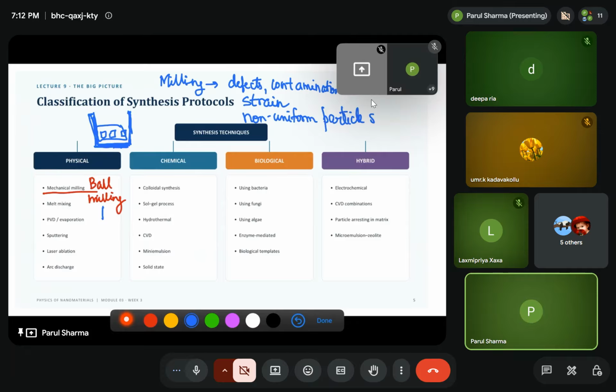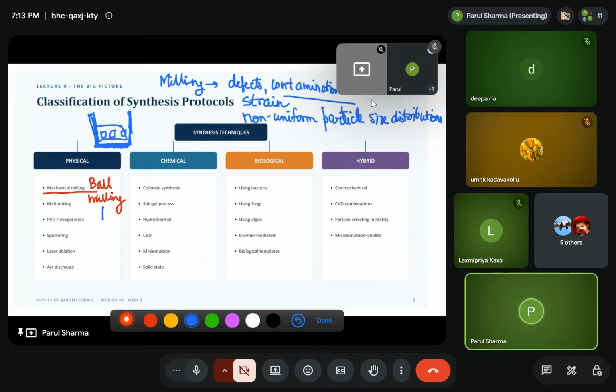So these are the things that generally happen when we are reducing the size. Now, how can we improve this? First of all, by ensuring the material of the chamber is suitable for ball milling, we can reduce the contamination.